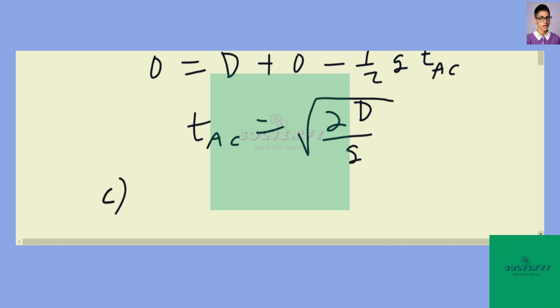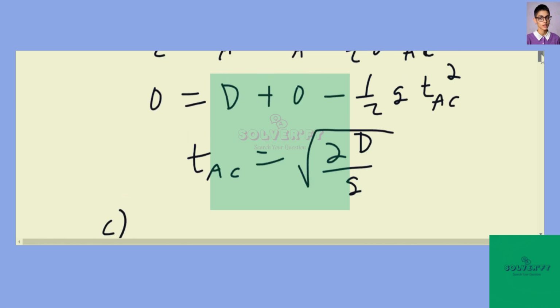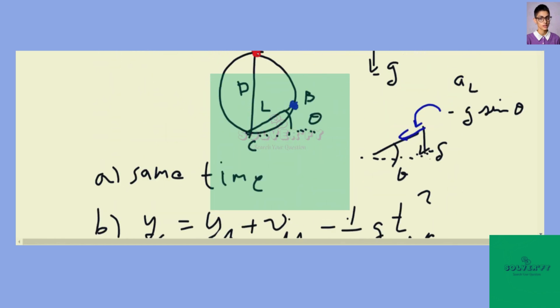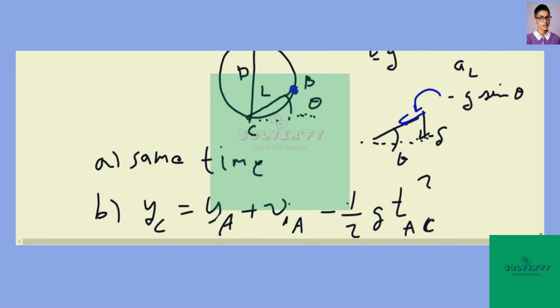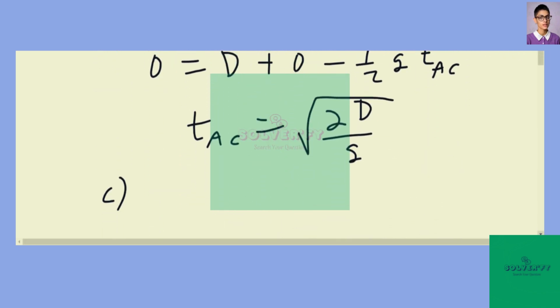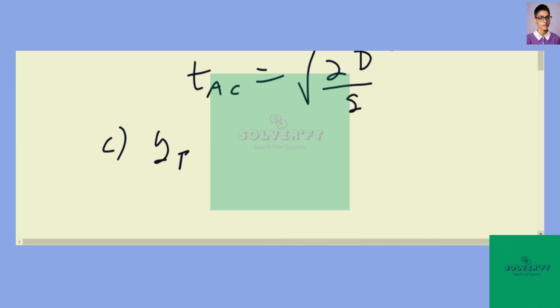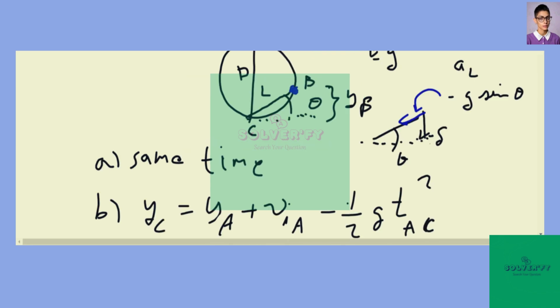For the motion of the blue bead along L, along the rod of length L, note that this is still motion in one dimension, but we're not experiencing the full acceleration of gravity. We're experiencing minus g sine theta. Most people think that we are following y sub b, but we're not.